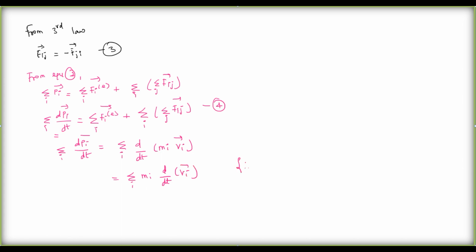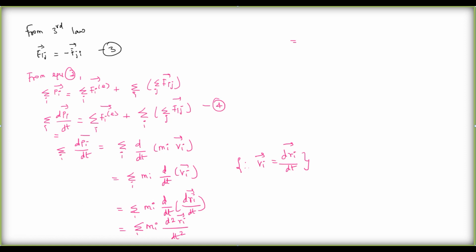So vi vector can be written as dou ri by dou t. From that, summation mi d by dt vi can be written as dou square ri vector by dou t square. Finally we have to get the summation.